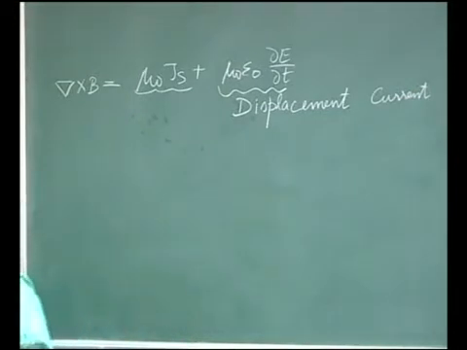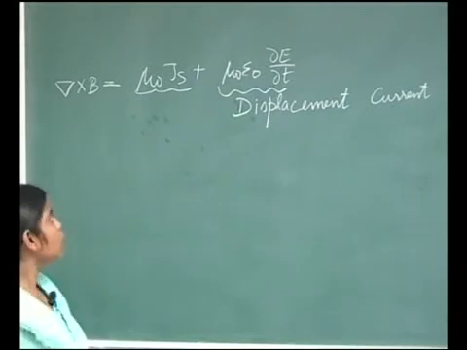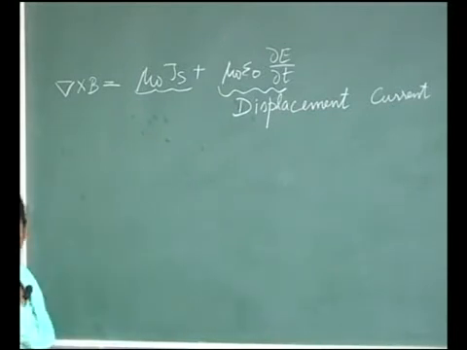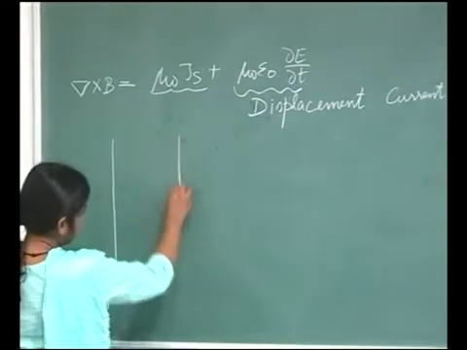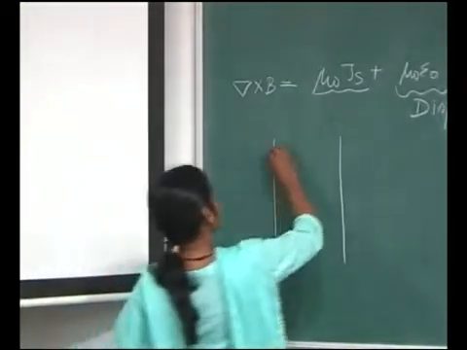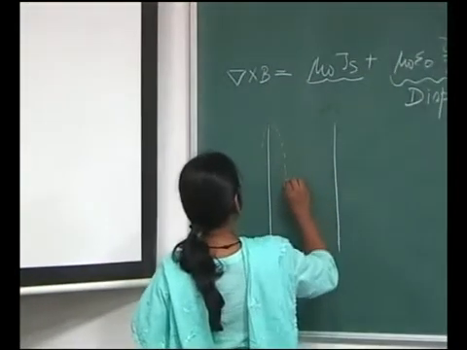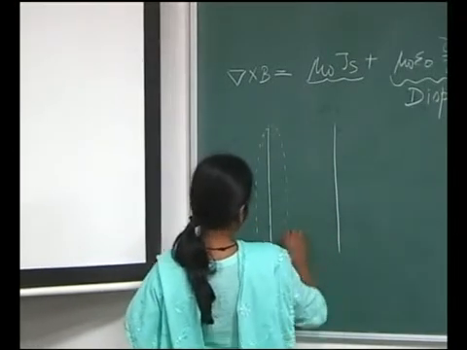So, today we will look at Ampere's law more critically. Okay. I know that Ampere's law basically deals with current. So, what I will do is analyze Ampere's law in a capacitor. This is a circular parallel plate capacitor, two plates like this.